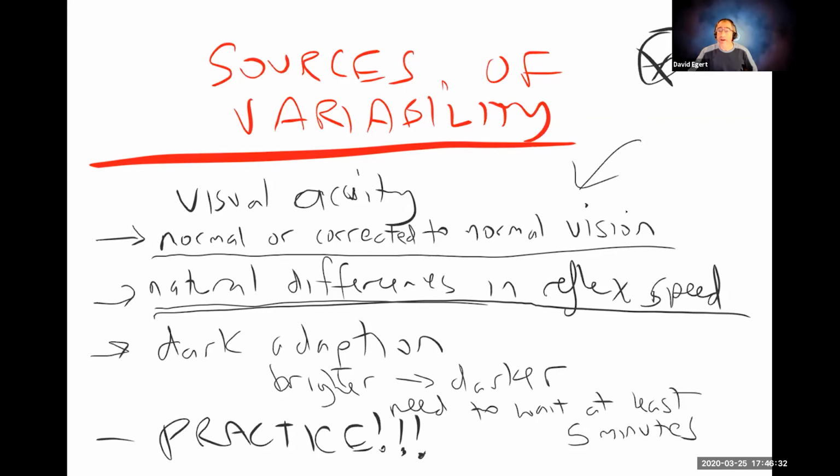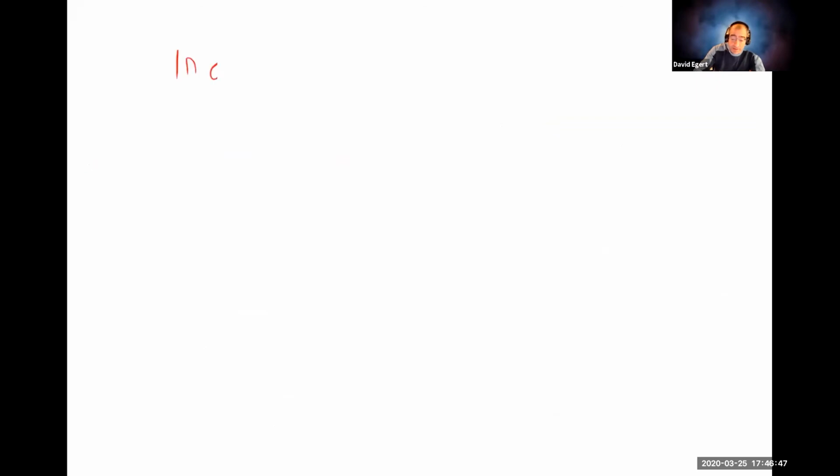Every time you try to grab a stick, even under the exact same conditions, are you going to grab it exactly as fast? You should do more than one, at least 3 trials, and average it. Right, exactly. So another source of variability is individual performance, which varies from trial to trial.